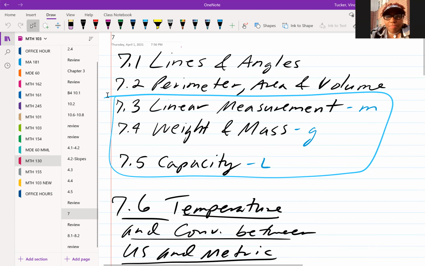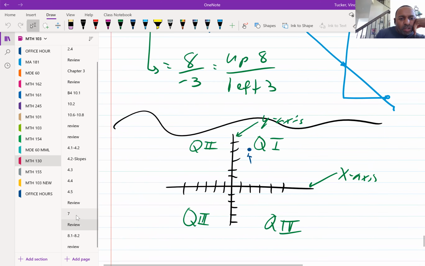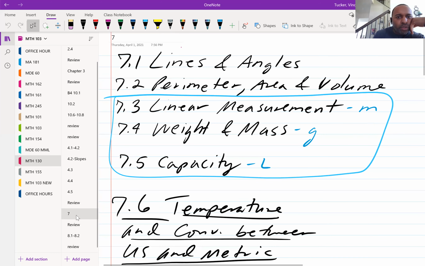We should be able to do both. 7-1 is lines and angles. I know 7-2 is a short section.